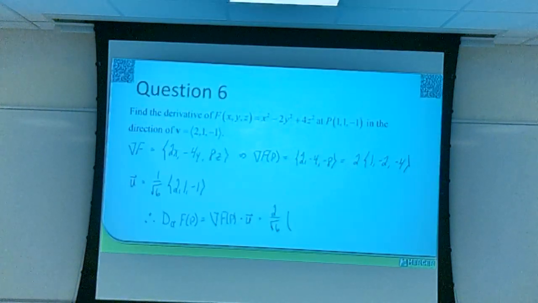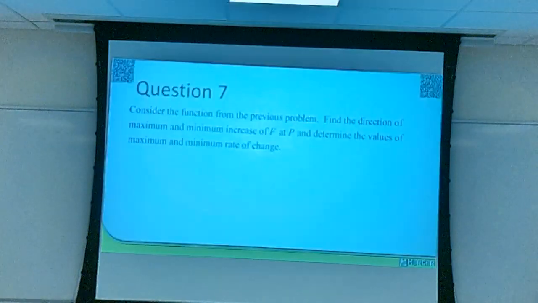Plus 4. 8 over root 6 should be the derivative, right? It's sad that I couldn't skip that problem because this one does depend on that problem.